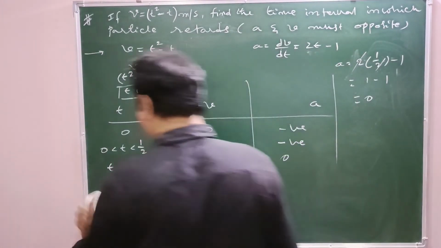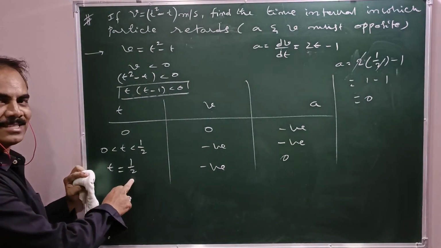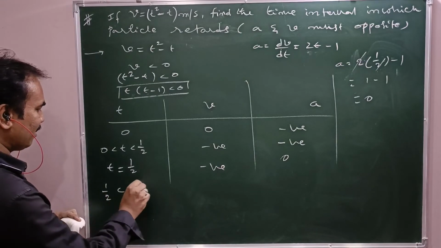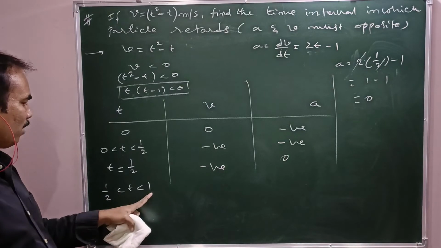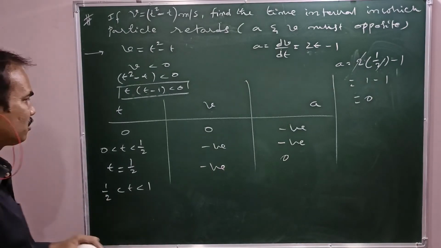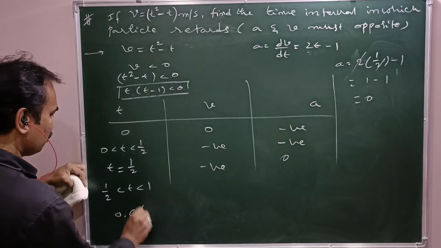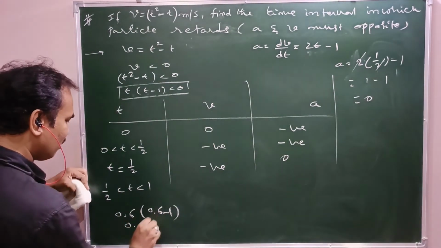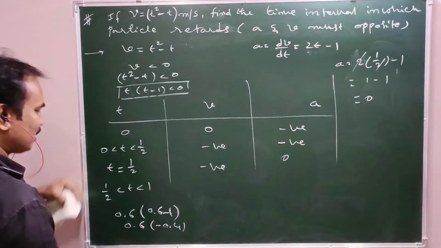Now t is taken such that greater than half second and less than 1 second, that is half less than t less than 1. So t lies between 0.5 and 1, say 0.6. 0.6 into 0.6 minus 1, that is 0.6 into minus 0.4. Plus or minus? Minus.